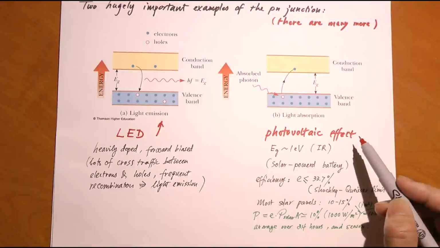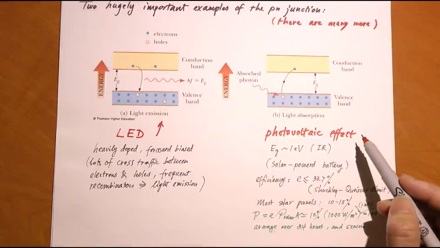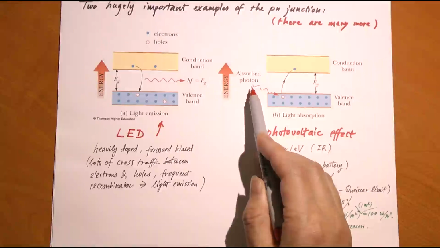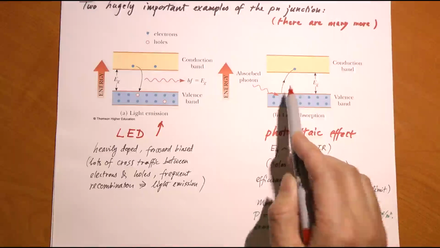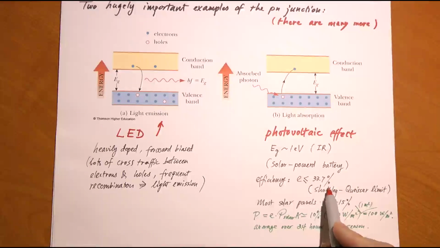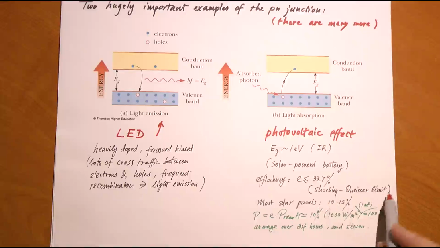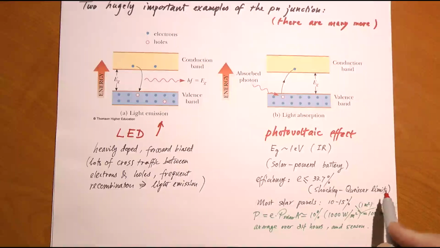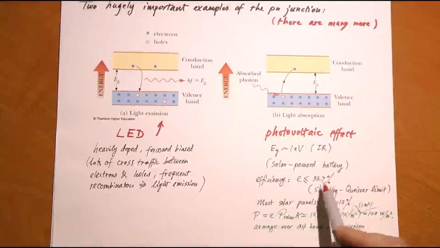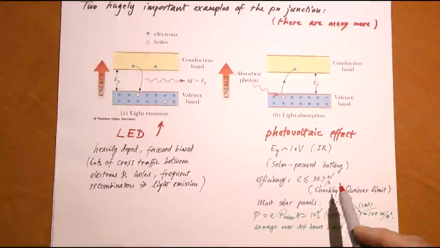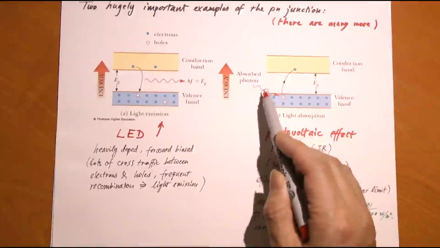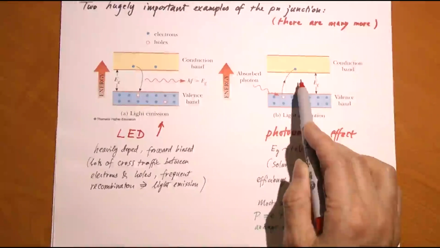It turns out for an ideal PN junction made of silicon, the efficiency of converting energy of light to electricity is about 33.7%. That's called the Shockley-Queisser limit. You can check that out if you're interested. It's not something very easy to calculate though, but I can tell you there is a limit, about 33%. So roughly speaking, about 1/3 of the energy of the sunlight can be converted into electrical energy.